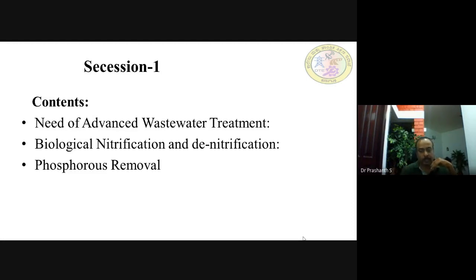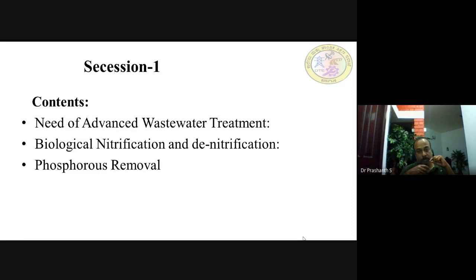For example, the phosphates and the nitrogen compounds will be high in the effluents of secondary wastewater treatment. So that has to be polished again before throwing it to the nearby river.